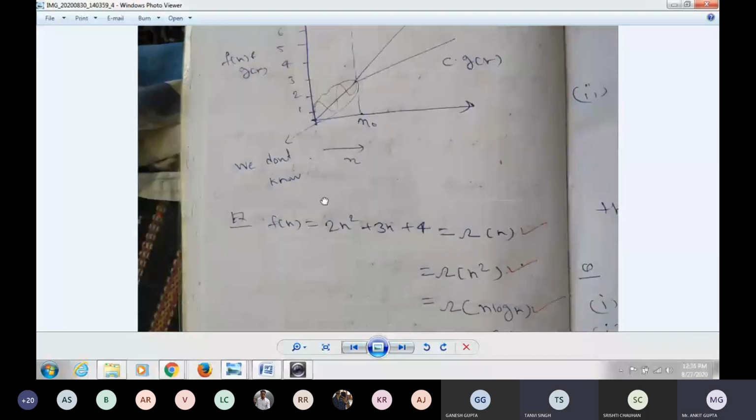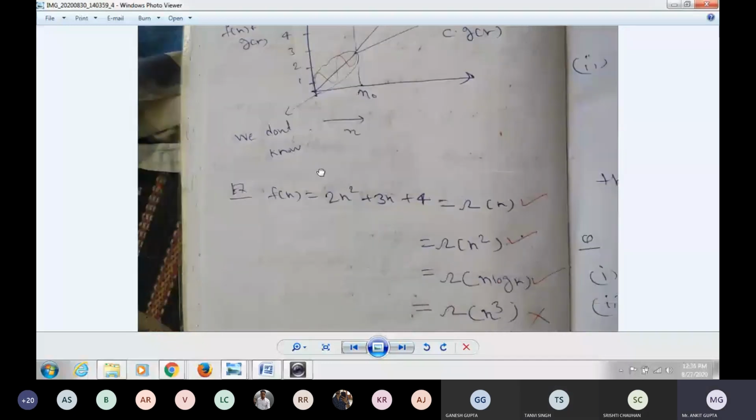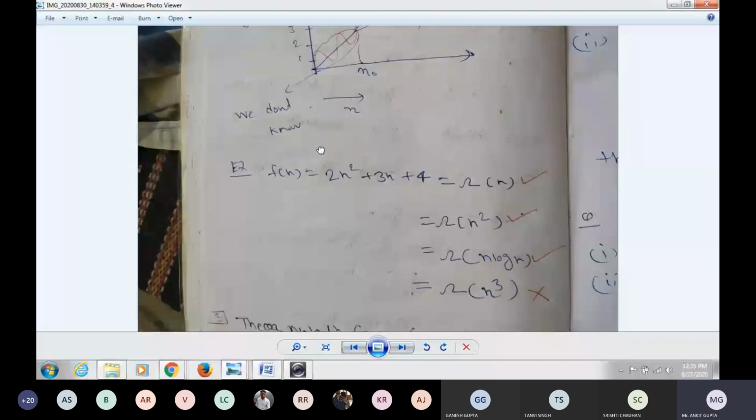Clear? Yes, sir. Now suppose f(n) is 2n square plus 3n plus 4, equal to big omega of n. It is true. Big omega means greater than or equal to. So think like this: 2n square plus 3n plus 4 is greater than or equal to n. Is it true or false?